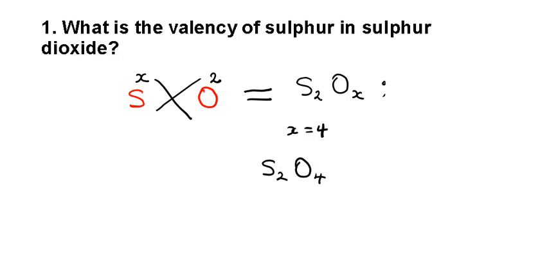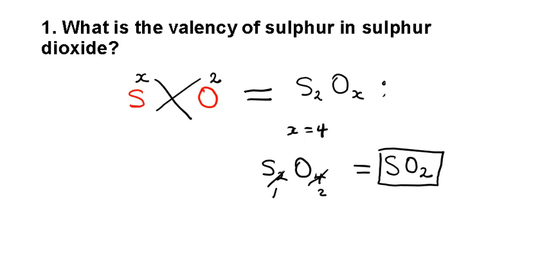Here, 2 cancels itself, 1 cancels 4, and we have 2. So we have SO2, the molecular formula for sulfur dioxide.